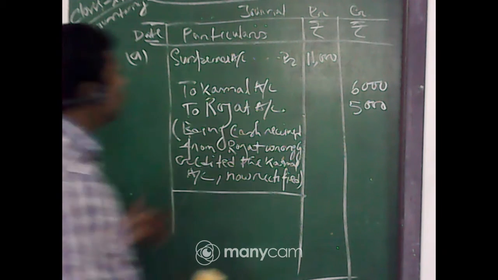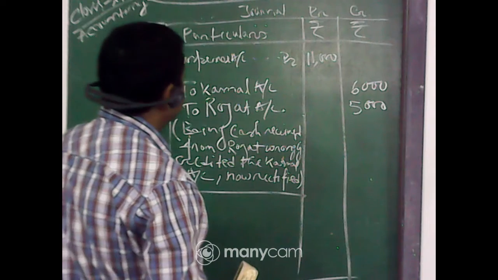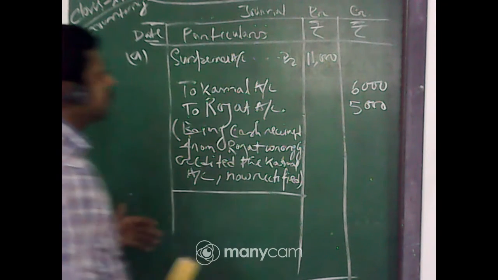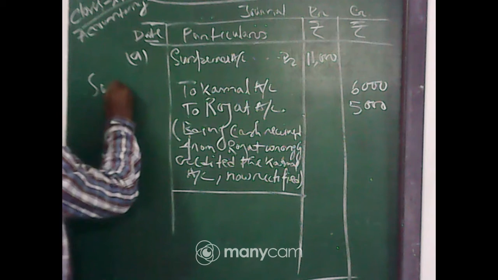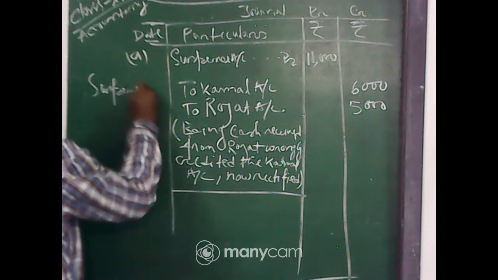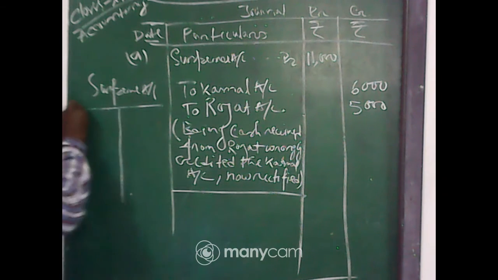Now here, suspense account debit to Kamal, to Rajat, amount is 6,000 and 5,000. Now what happened if you make a suspense ledger?